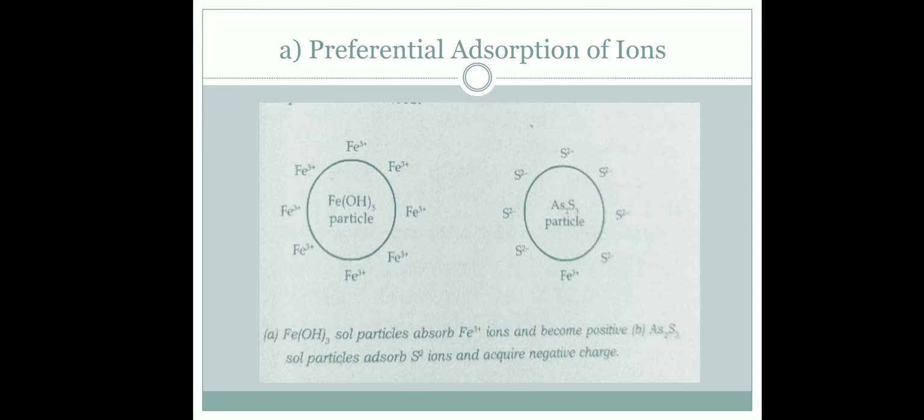The ferric ions come from the ionization of ferric hydroxide, traces of which are always present in the sol. The negative charge on arsenic sulfide sol is because of the preferential adsorption of sulfide ions on the surface of arsenic sulfide particles. The sulfide ions are furnished by the ionization of hydrogen sulfide, which is present in traces, which is also shown in the diagram.